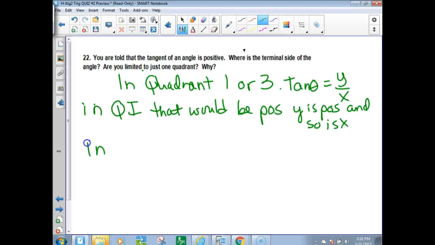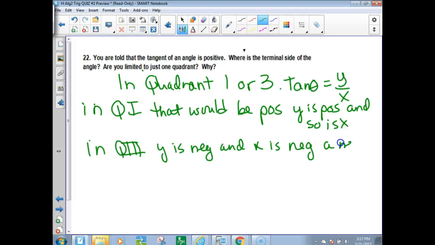In quadrant 3, y is negative and so is x. X is negative as well. And a negative divided by a negative is positive. That's why.